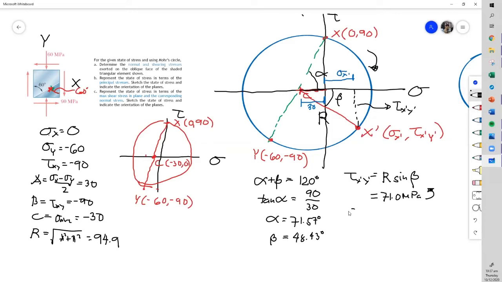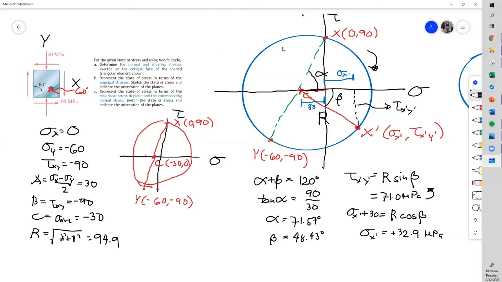So, we know that sigma x prime plus 30 equals r cosine beta. Si r to, beta ito, so r cosine beta yung buong yan. So, therefore, we can solve for sigma x prime, which is equal to positive 32.9 megapascals. Okay? So, we now know the stresses on the 60-degree orientation or the plane.